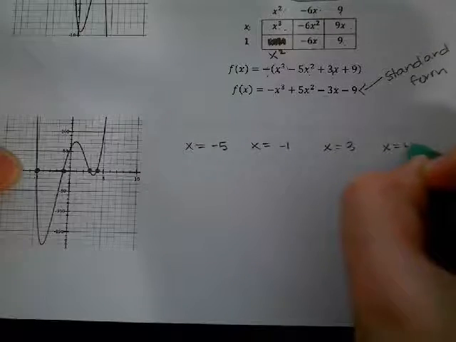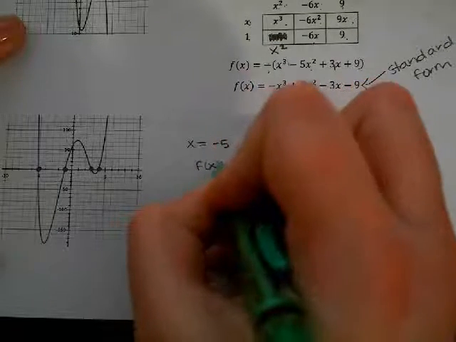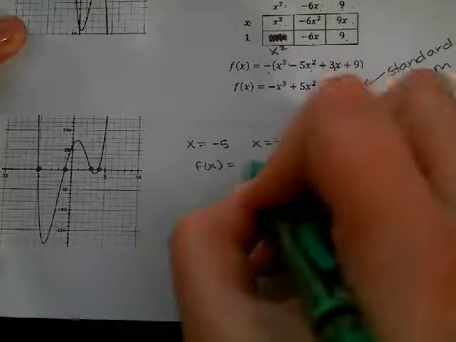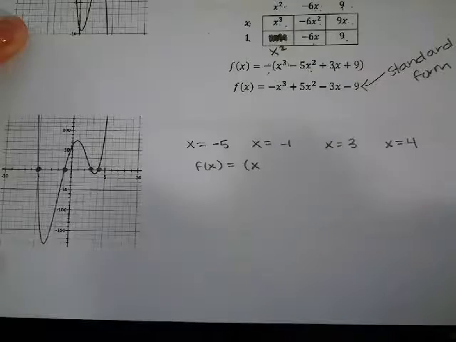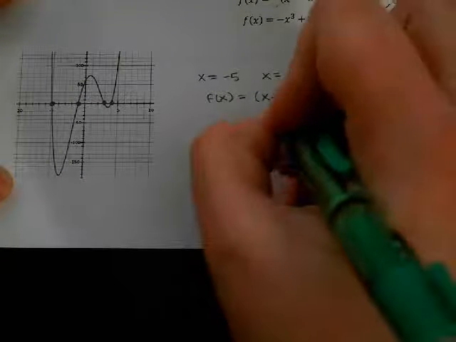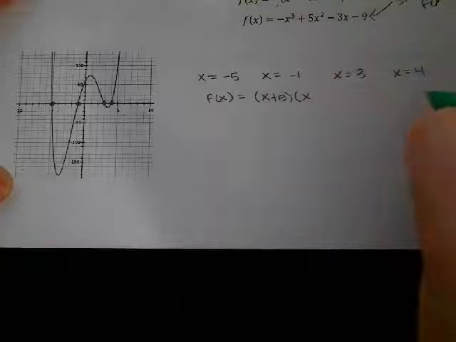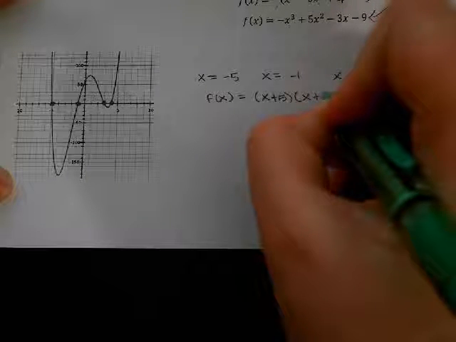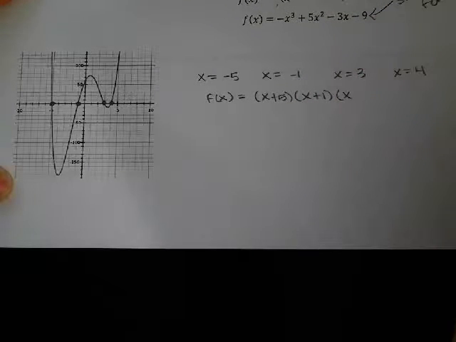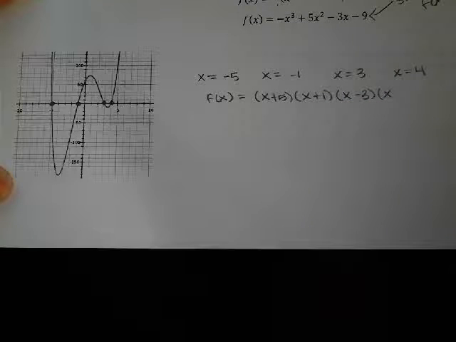Okay, so that means that f of x is going to be x plus 5, x plus 1, x minus 3, x minus 4.